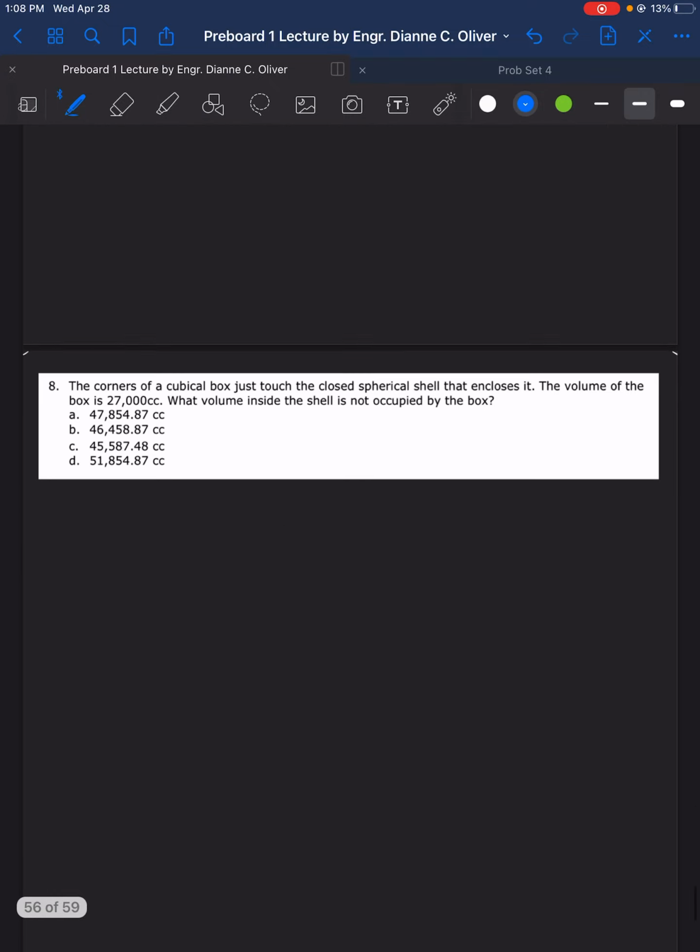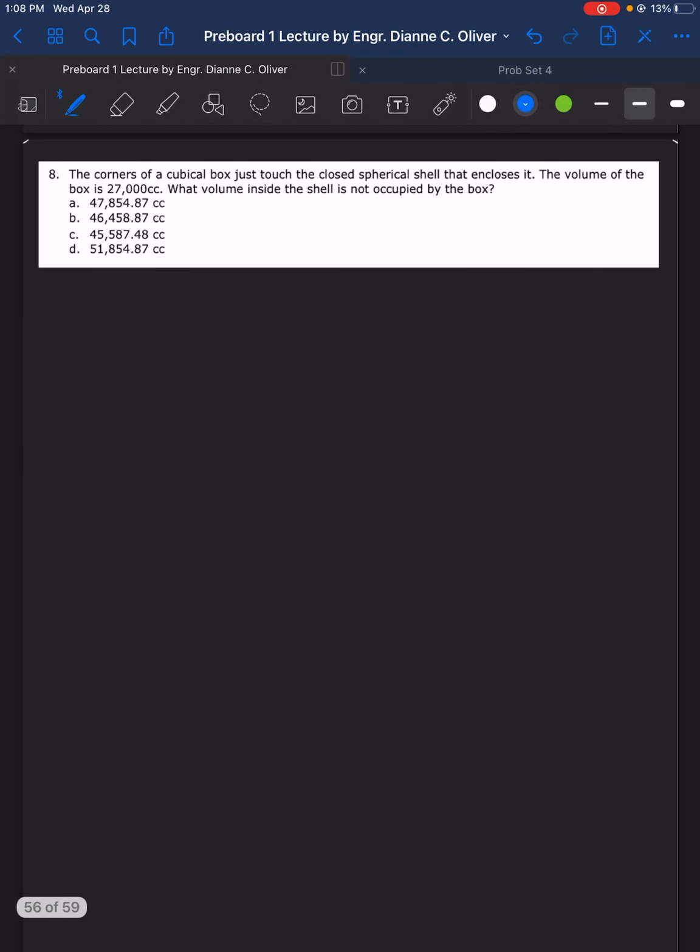Now let's go to number 8. The corners of a cubical box just touch the closed cylindrical shell that encloses it. The volume of the box is 27,000 cubic centimeters. What volume inside the shell is not occupied by the box?